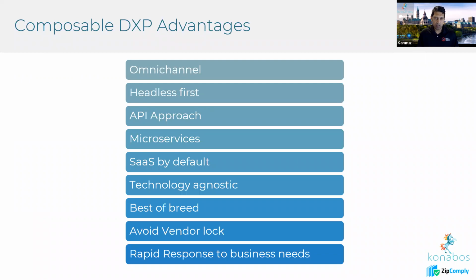You can also avoid vendor lock-in in two ways. One is because they are API based, it is, say, not easy, but it's fairly easy to rip out one system and replace it with another, especially if you're using something like GraphQL to write your backend queries.